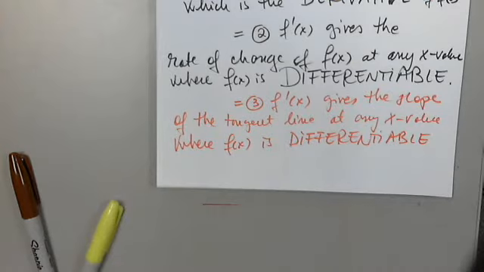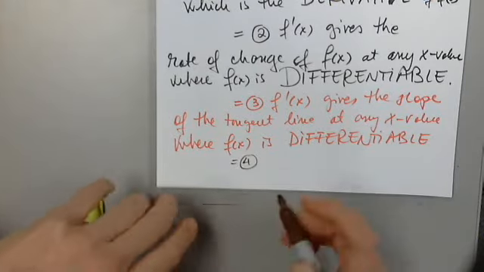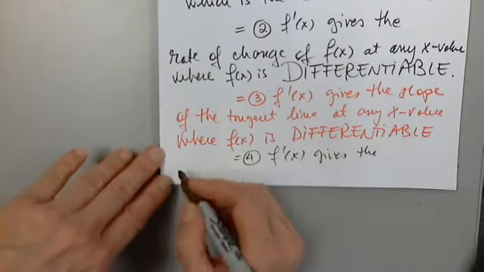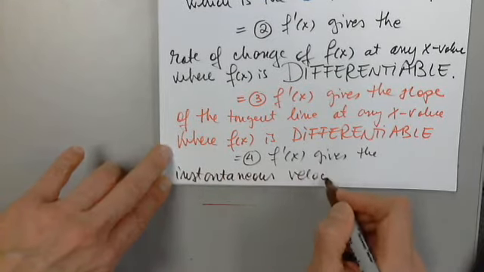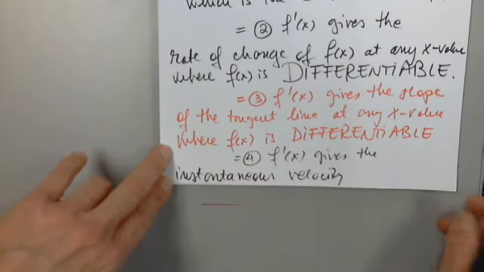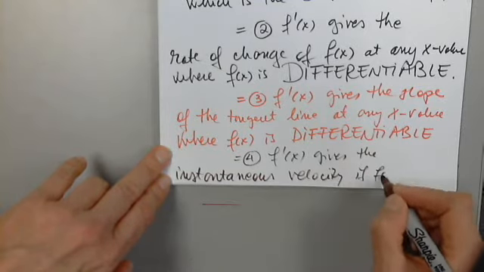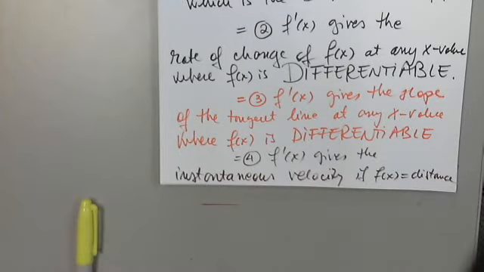So f prime gives the slope of the tangent line at any x value where f of x is differentiable. And one more. Number 4. All these mean the same thing. f prime of x gives the instantaneous velocity if f of x is distance, on the same conditions where the function f of x is differentiable.